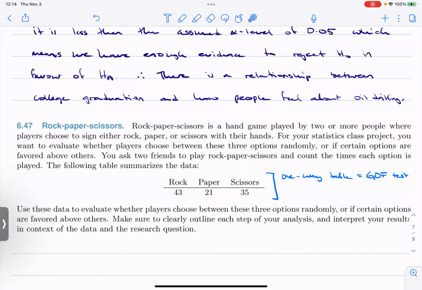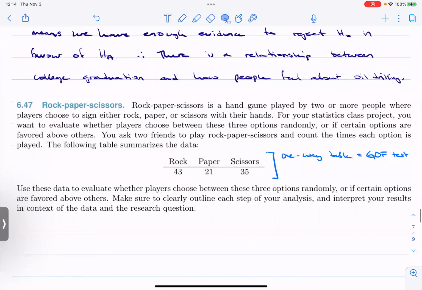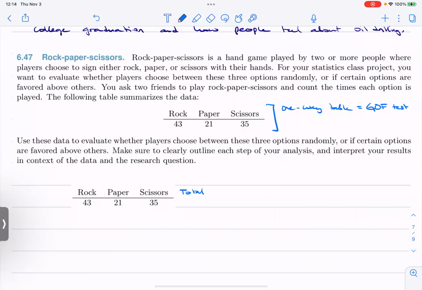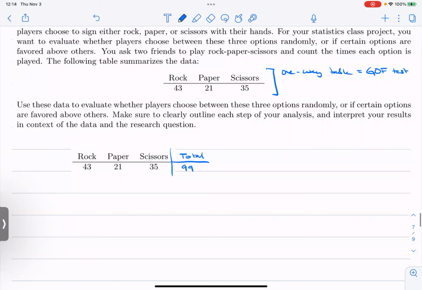And so here we have these counts, with a total of, and I'm just going to give it to you, 99. If these were just randomly picked signs, then we would expect 33, 33, 33 in each category, which would total 99.